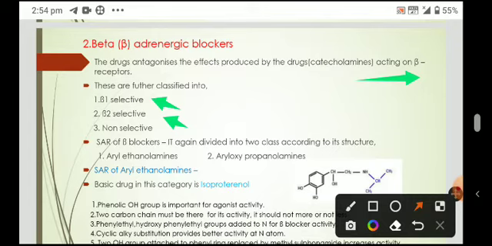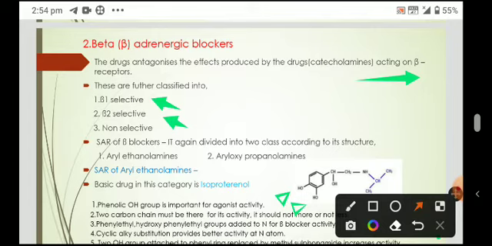The basic drug for this category is isoproterenol. As I have shown the structure here, see the first, the phenolic OH group is important for agonist activity. So these two phenolic OH groups are important for its agonist activity.